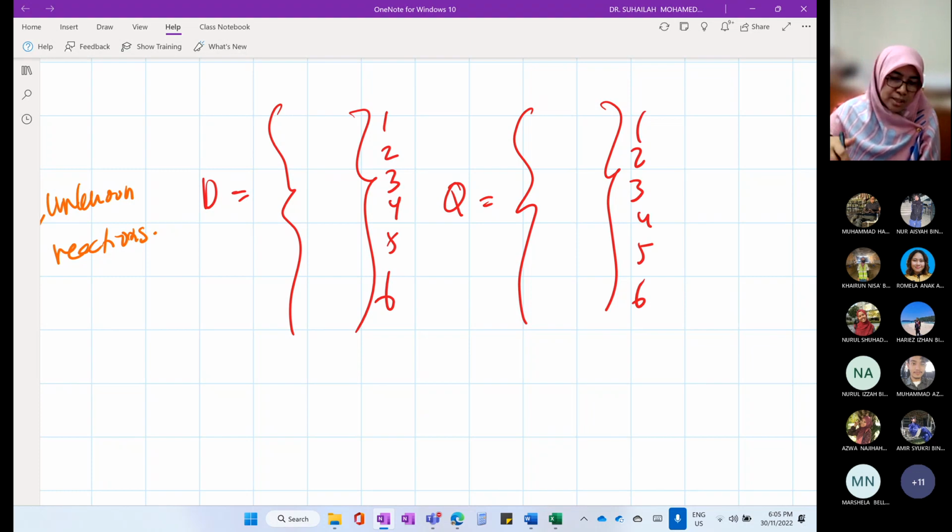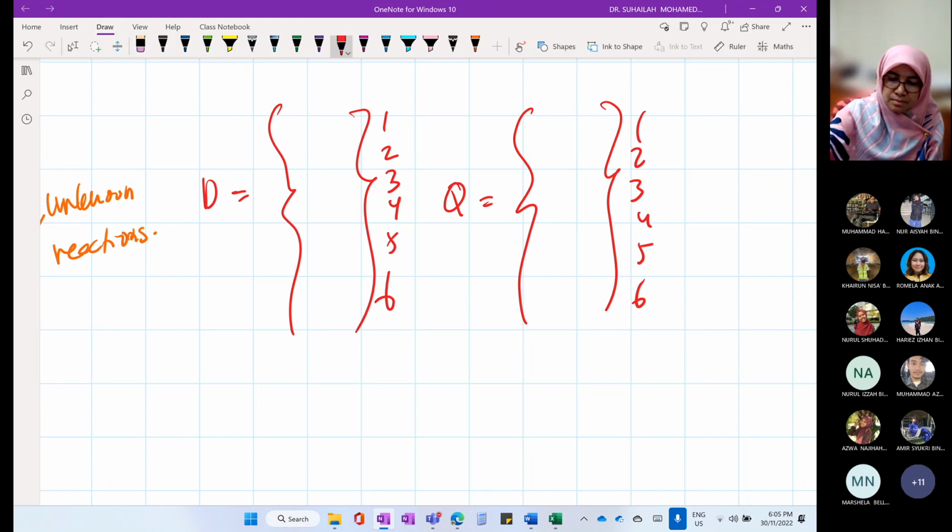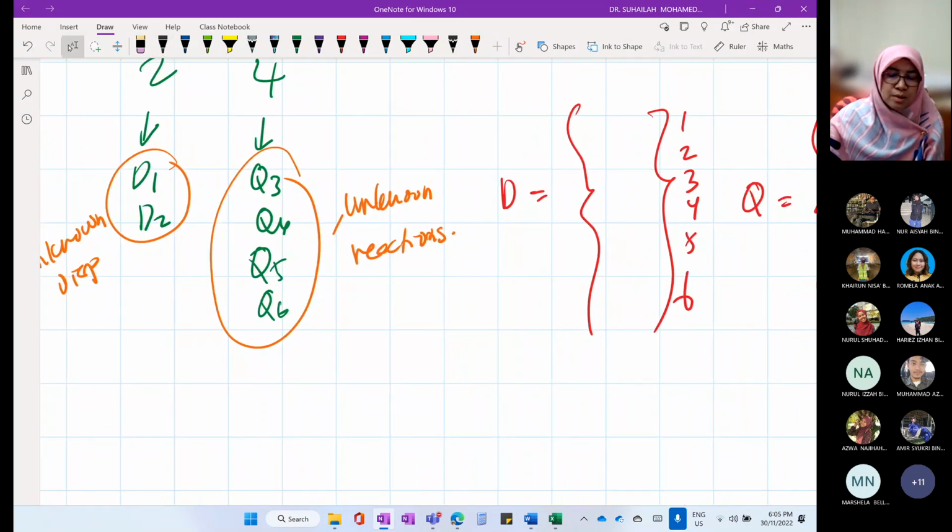So in this D and Q, for the unknown displacement D1 and D2, because it is unknown displacement, we do not know the value yet, so it remains as D1 and D2.